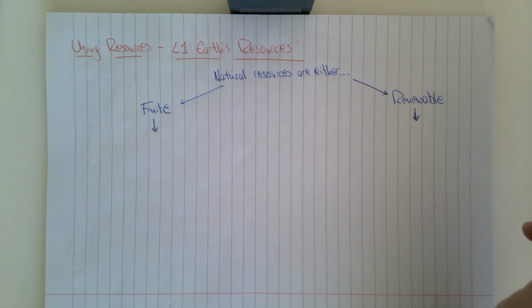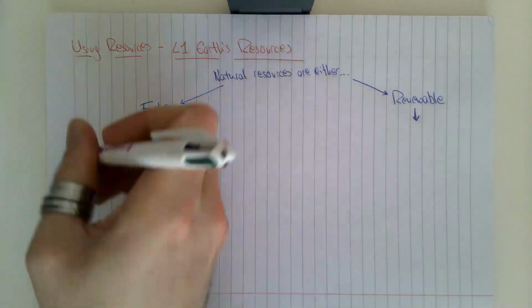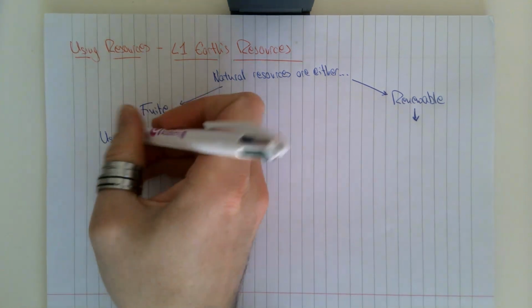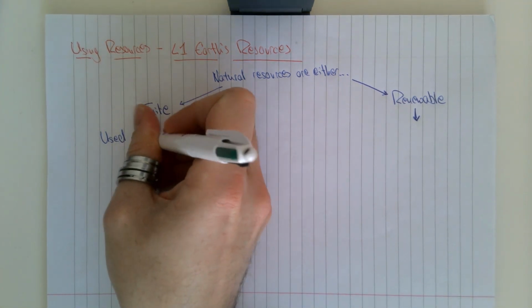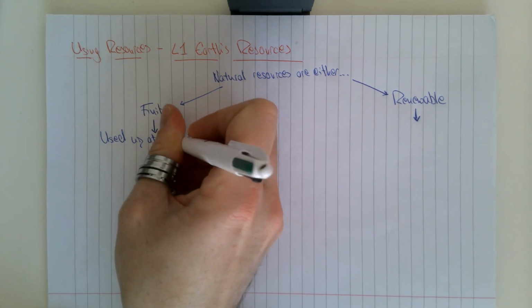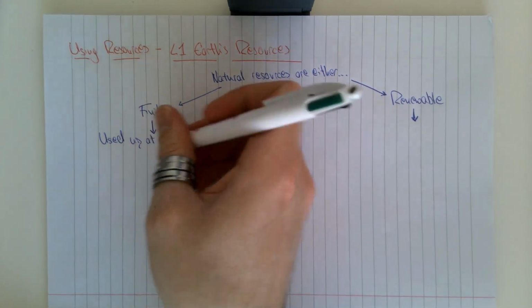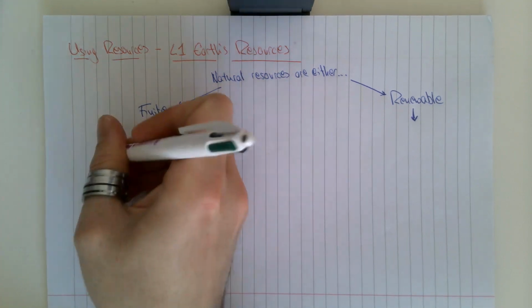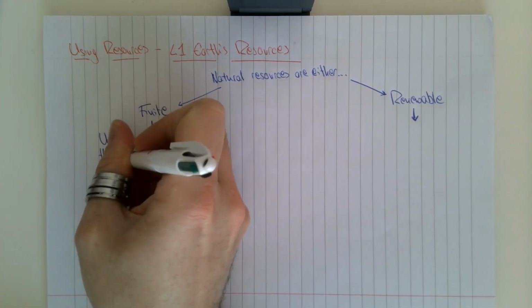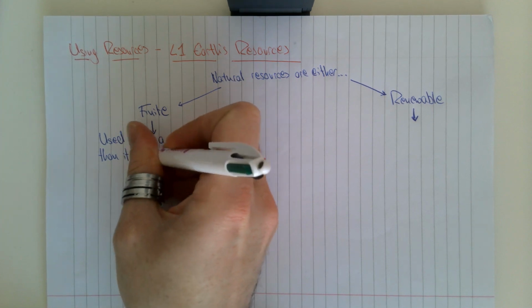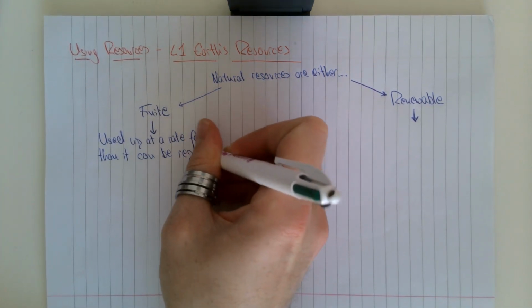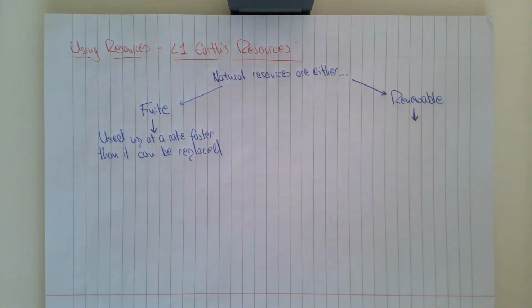So thing to remember is that we should be able to define resources in terms of these two terms. So our first one being finite. Finite, if we look at it technically, is when a resource is used up at a rate faster than it can be replaced. So that's sort of as proper a definition as we need for finite.